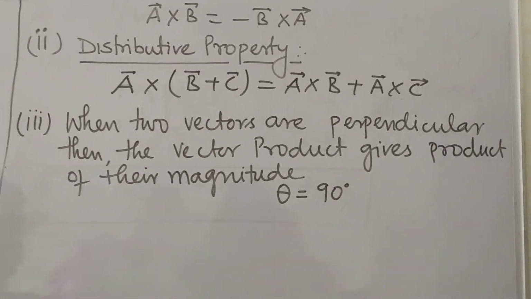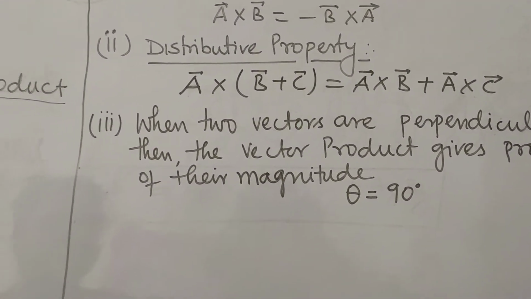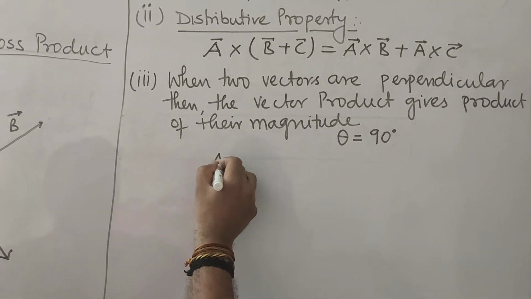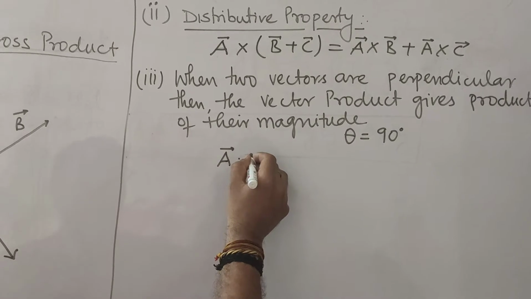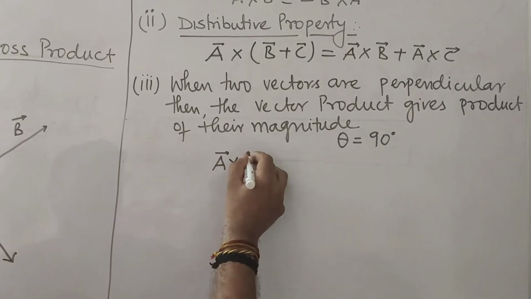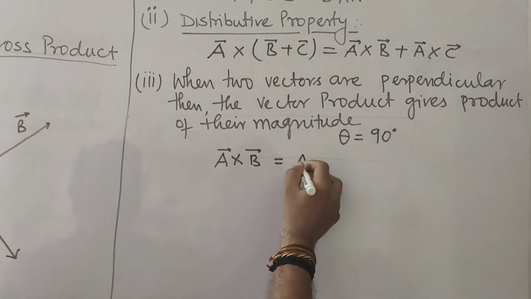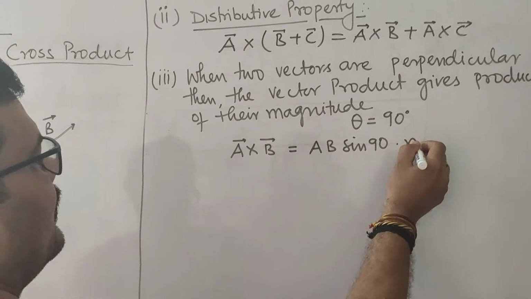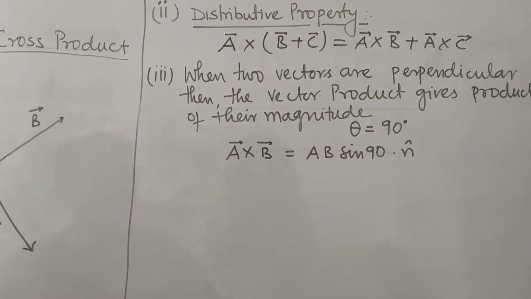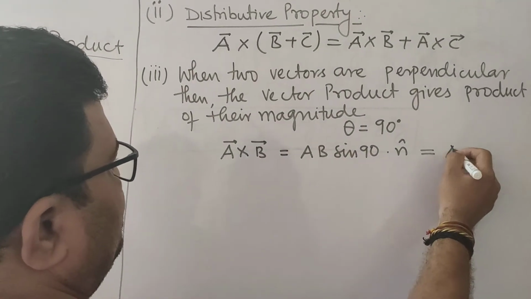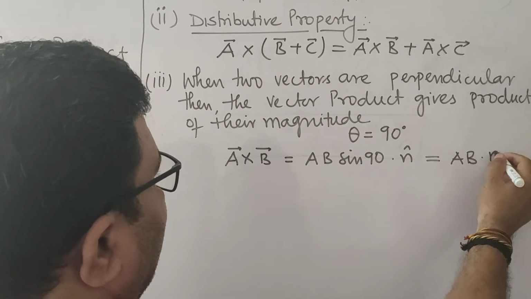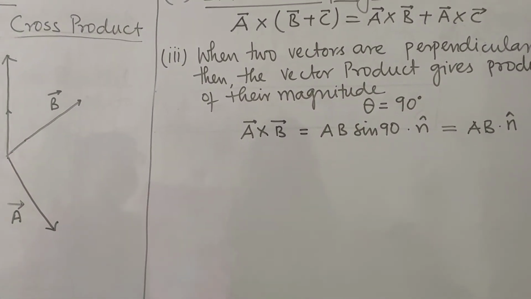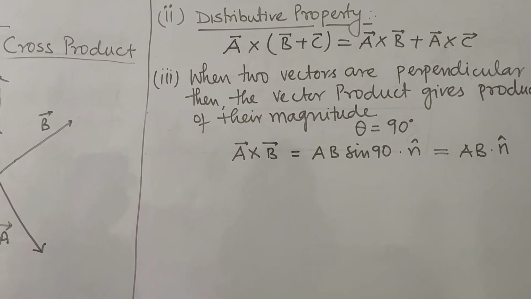So if theta is 90, that means A cross B is equal to AB sin 90 n cap. So this is AB n cap. N cap is giving only the direction of the result.